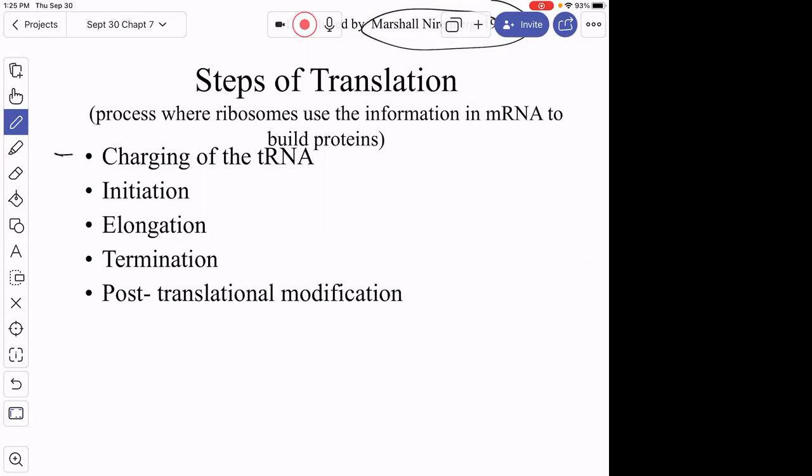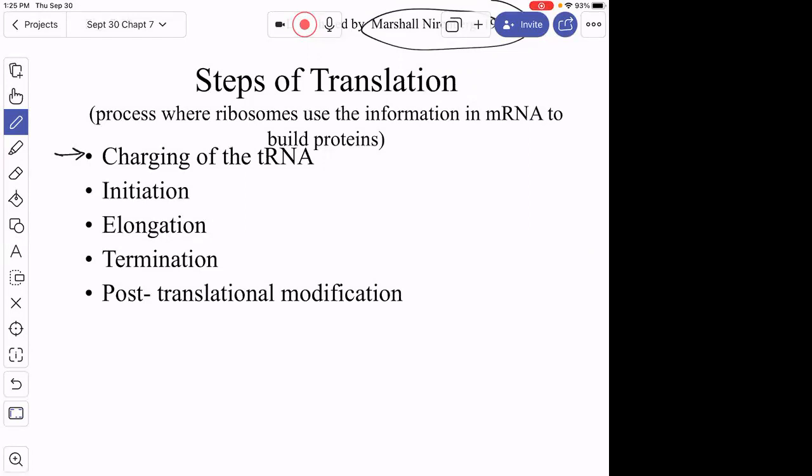When we think through the steps of translation, the first thing, which we're not going to spend any time on here, but in the past I've gone through a little bit more carefully: the tRNAs are what bring the amino acids to the ribosomes to match up with those instructions in the messenger RNA. The process of the tRNA adding that amino acid, we call that charging.